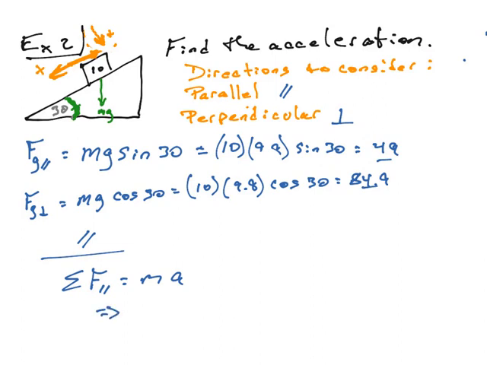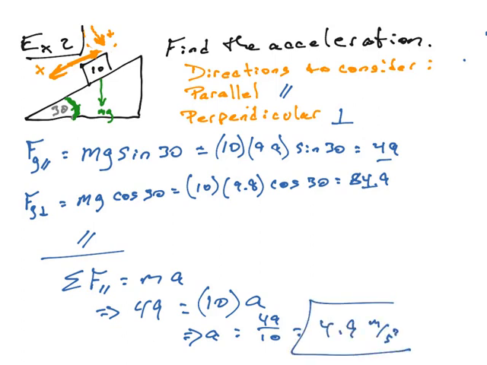I've only got one parallel force here, 49, equals mass, 10, times acceleration. So the acceleration is 49 over 10, which is 4.9. And there we go.